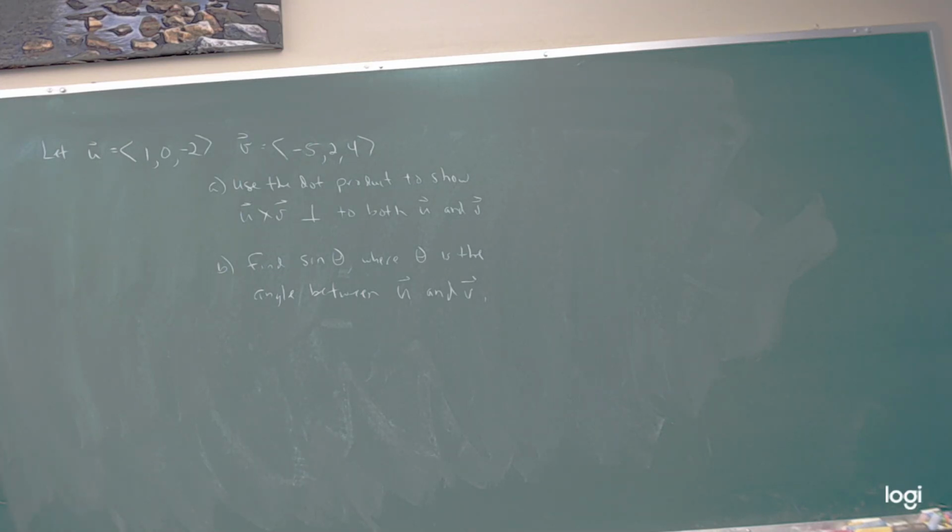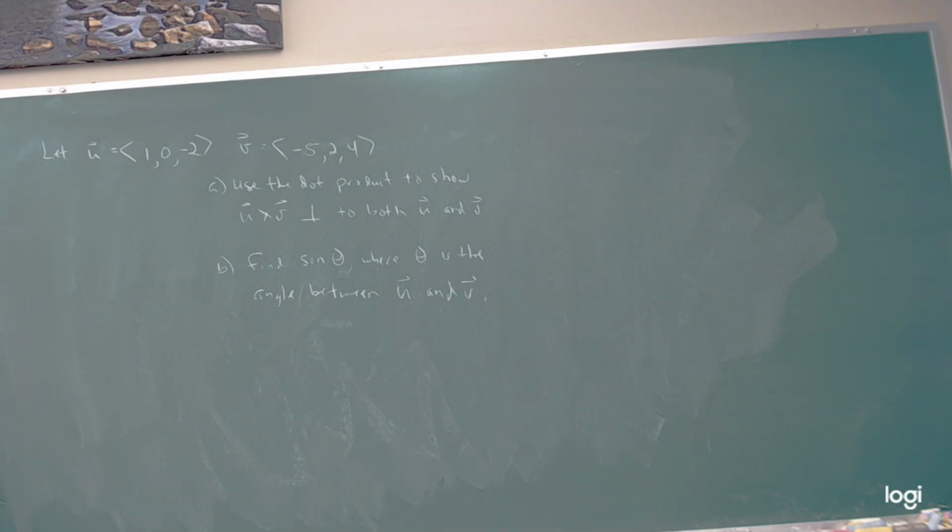So now you can use the dot product on U and W. It's just 4 plus 0 minus 4 is 0.